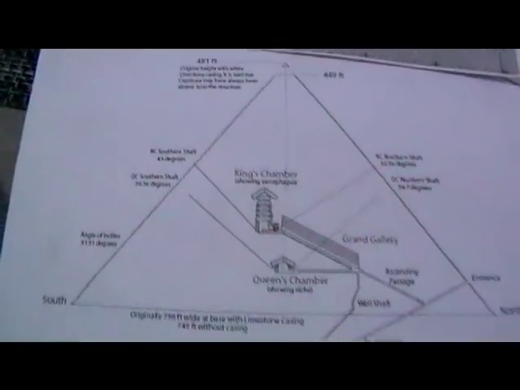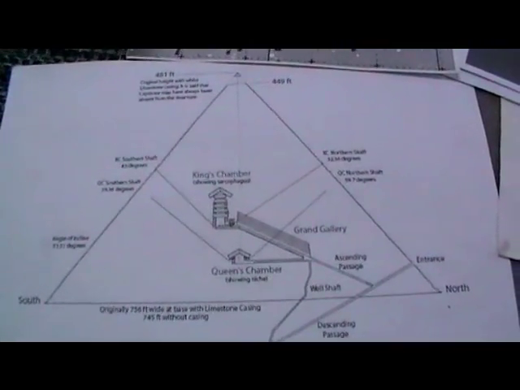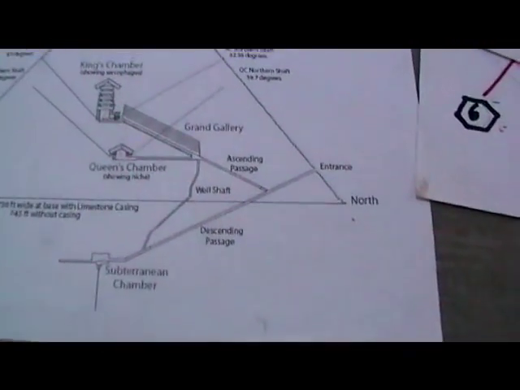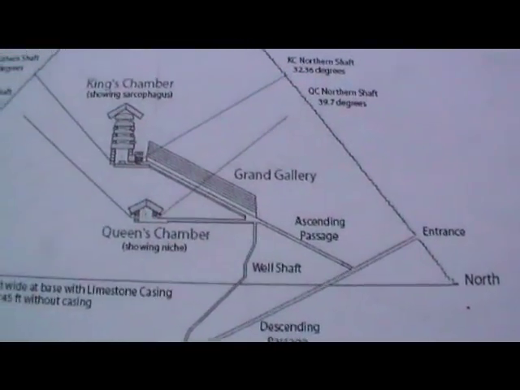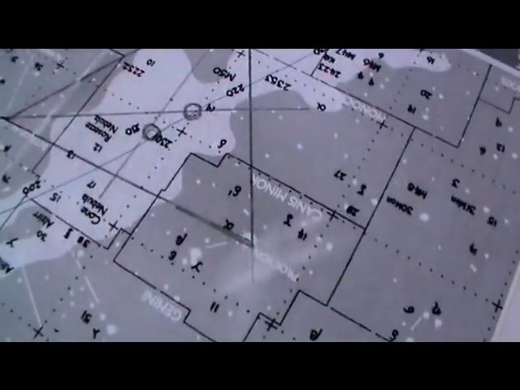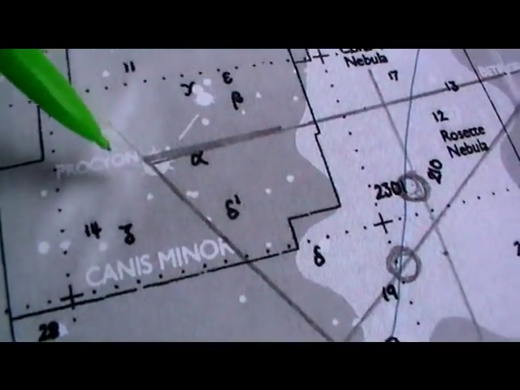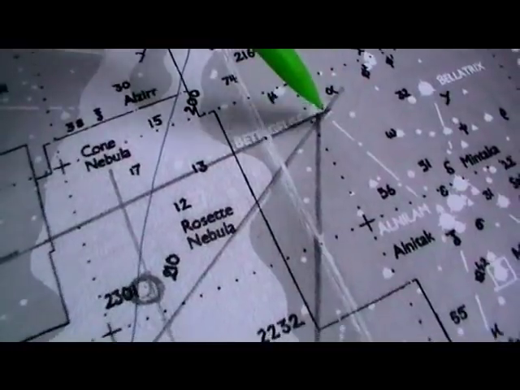I did at one point do a lot of work on the Great Pyramid, and I noted that the King's Chamber and the Queen's Chamber were almost like arrows. So I located on a star chart the exact star constellations, Procyon, where we draw the Winter Triangle.